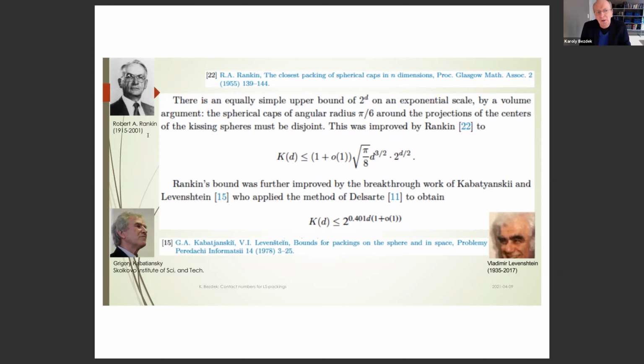And that has been improved by Rankin using Blichfeldt's method, which he extended to spherical spaces. So that's the Rankin bound here. And of course, Kabatsiansky-Levenstein beats that, as you see here. And that's roughly what one can say about kissing numbers in a brief review.